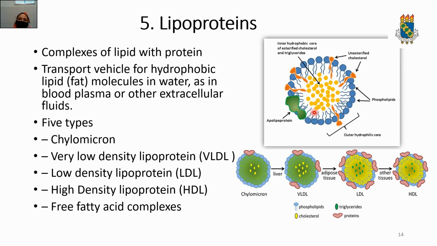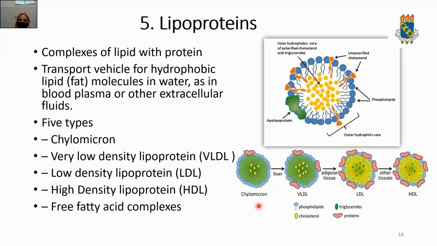There are different kinds of lipoproteins, basically 5 common types: the chylomicrons, very low density lipoproteins, low density lipoproteins, high density lipoproteins, and free fatty acid complexes. If you look at these different kinds of lipoproteins, you can see a variation in their structure regarding the ratio of the proteins present in them, and also regarding the cholesterol present in them.